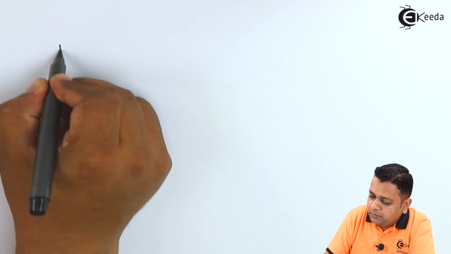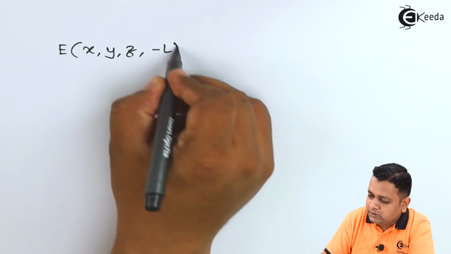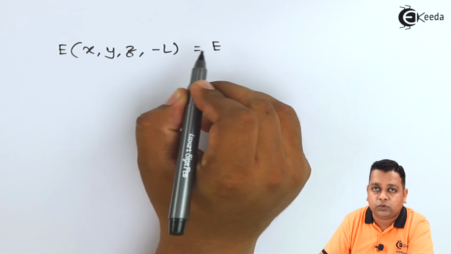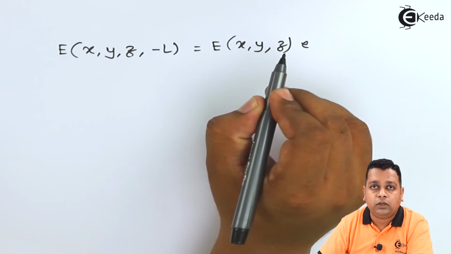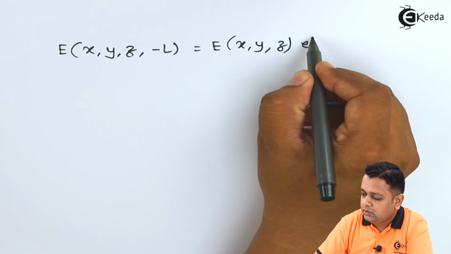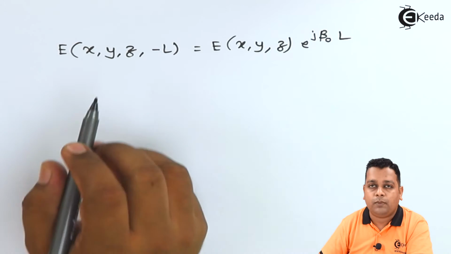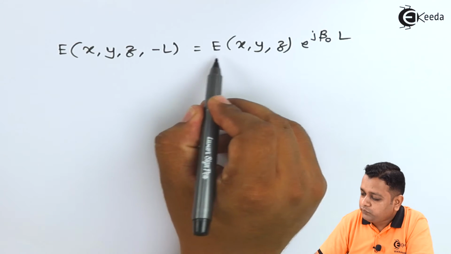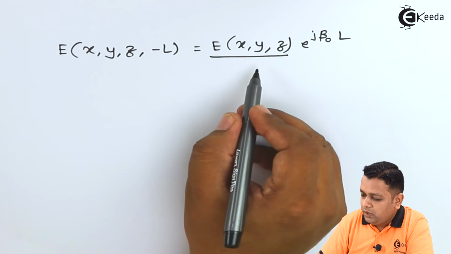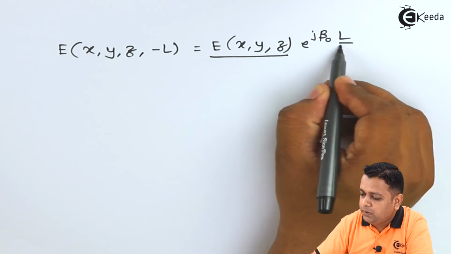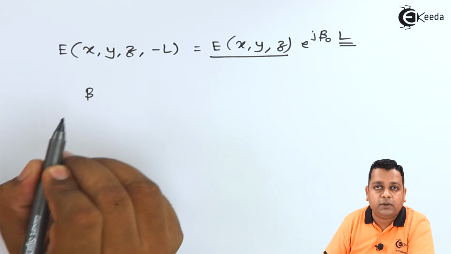Here we can represent capital E as a function of x, y, z minus capital L, given by capital E as a function of x, y, z multiplied by the complex constant e to the power j times capital beta suffix 0 into capital L. Here capital E as a function of x, y, z is a periodic function with the period represented by capital L. Beta we generally represent for the phase constant.